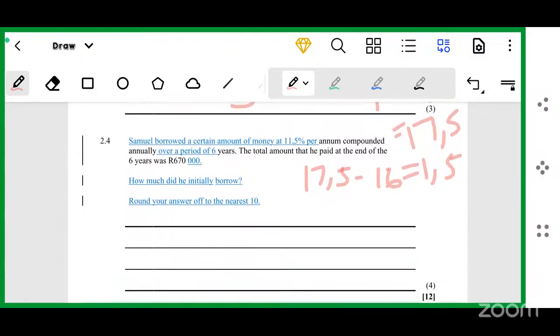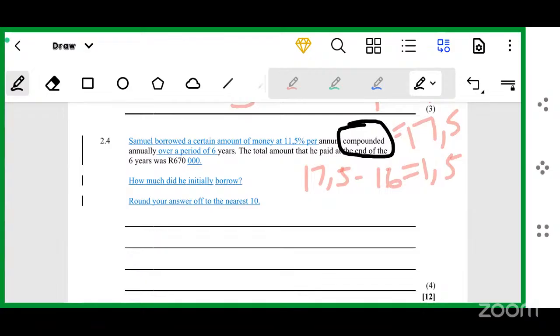So 2.4 says Samuel borrowed a certain amount of money at 11.5% per annum compounded annually over a period of 6 years. The total amount that he paid at the end of the 6 years was 670,000.